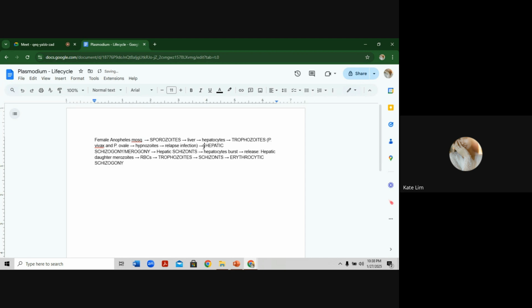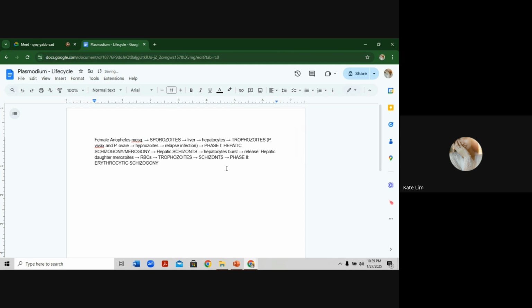Okay, just remember that phase one is your hepatic schizogony, and for your phase two, we are referring to your erythrocytic schizogony. For this process, this is where the parasites really multiply up to large numbers.